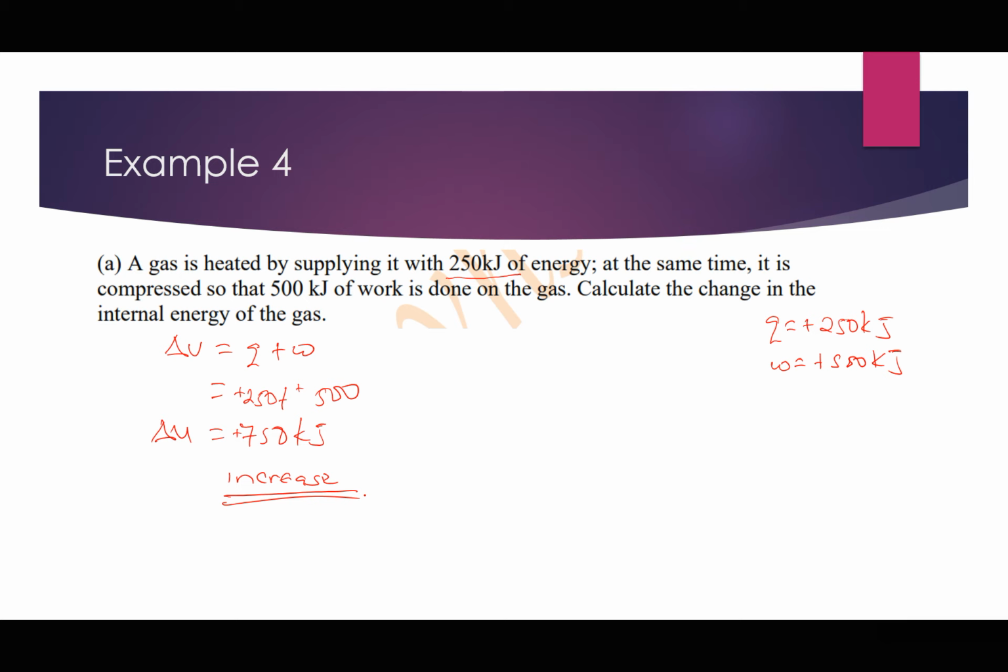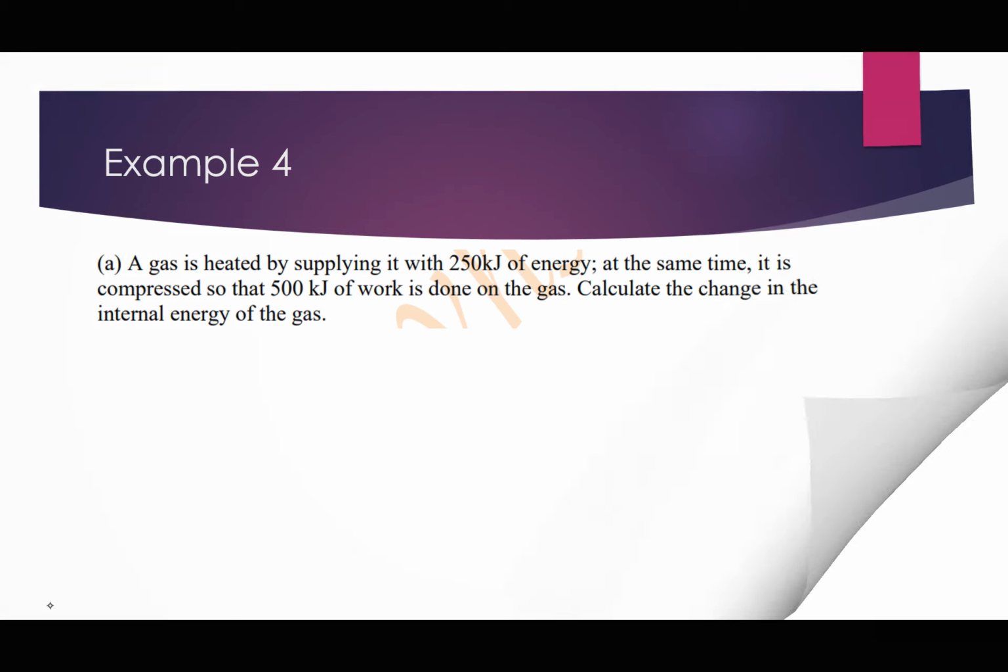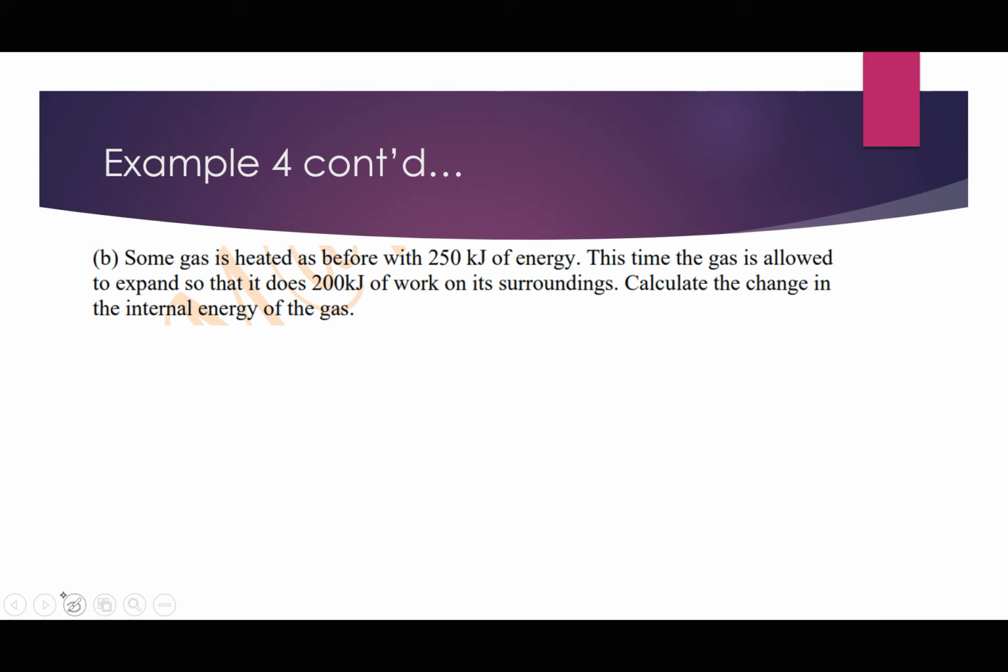Okay, so that was part A. Now part B. Some gas is heated as before with 250 kilojoules of energy. This time the gas is allowed to expand so that it does 200 kilojoules of work on its surroundings. So Q is positive 250 kilojoules, because heat is added to the gas.